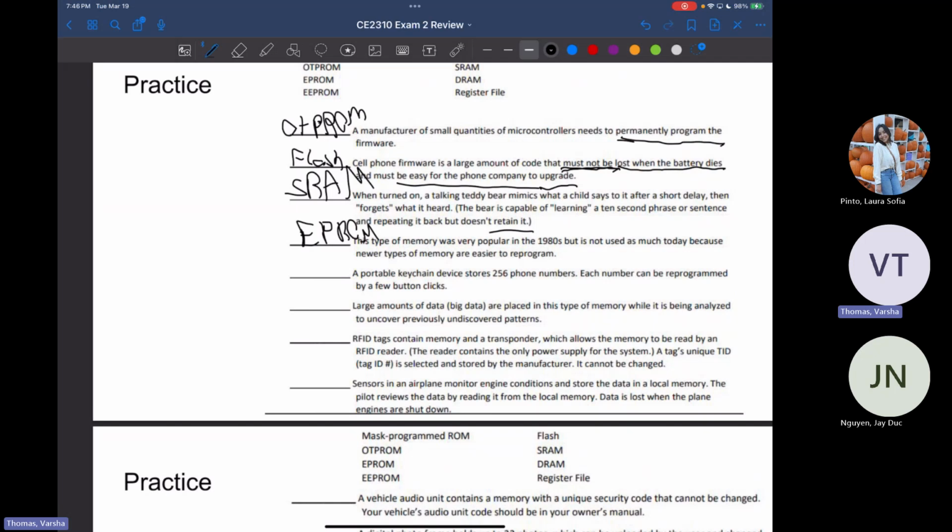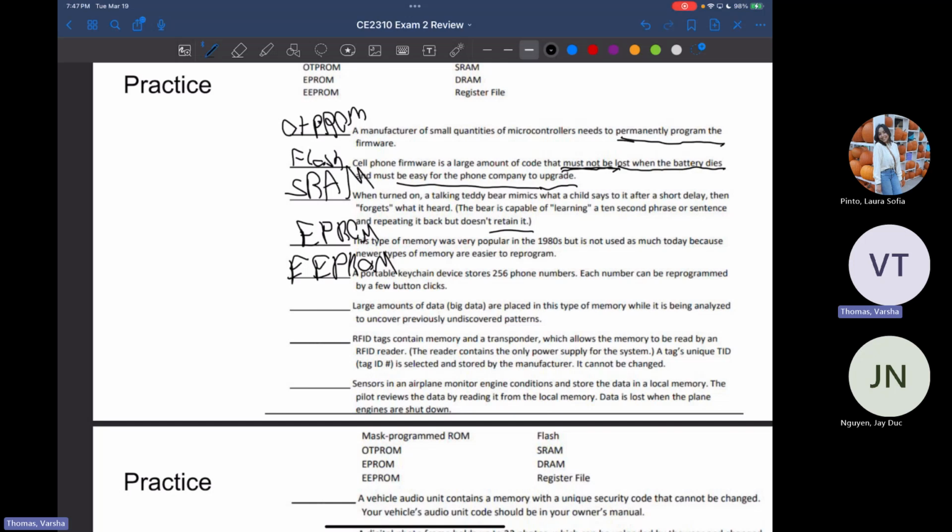And from that information, we know that it has to be EEPROM, because EEPROM can only change one number at a time. It cannot change everything, like all of the numbers together. It has to go one at a time. It doesn't have the ability to do everything together. Let's go to the next one.